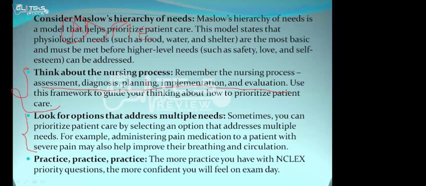Someone might be thinking that the patient is in respiratory distress, so you prioritize respiratory distress over pain. That is true. In genuine cases, respiration comes before pain. But look at the scenario that we've put over here. You can't choose oxygen or something that will help with only respiration.